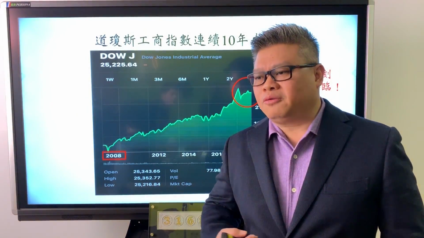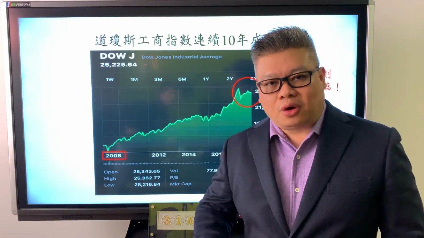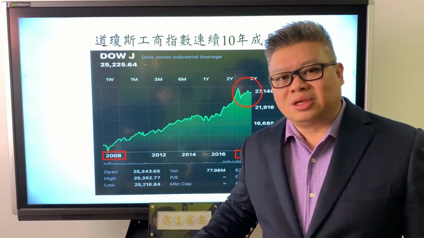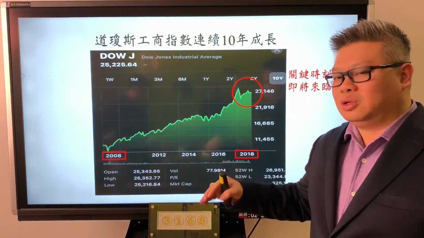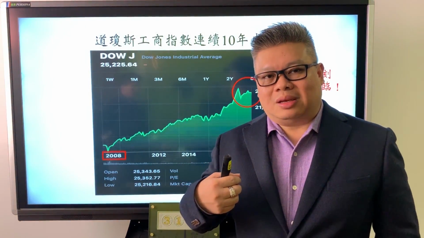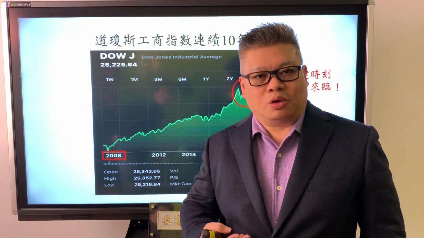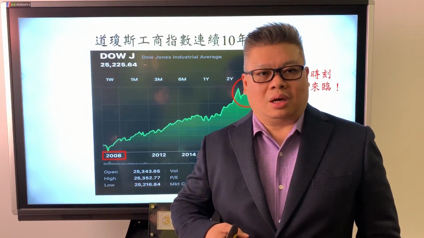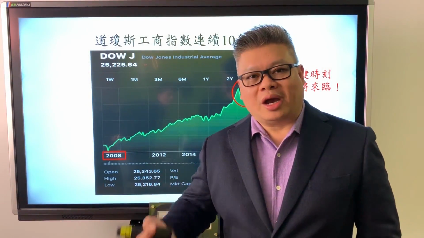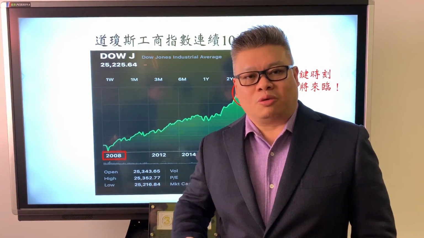A lot of indices around the world follow the Dow Jones, because they view it as the number one index in the world, because America is the world's most powerful economy, followed by China and Japan and so on.